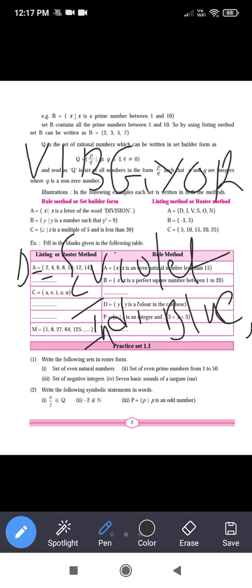Next letter is G for green. Next one is Y, yellow, and O for orange and R for red. So in this way you can remember the names of the colors in the rainbow in proper sequence. Okay. Now next one.